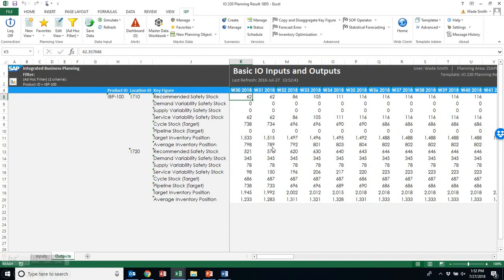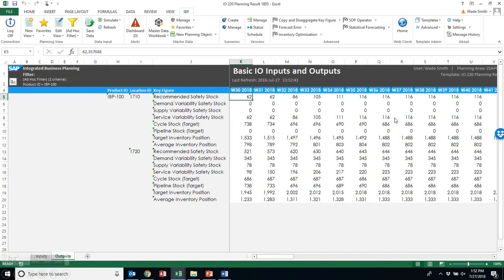warehouse, so to speak. First, you'll notice that the recommended safety stock takes a little bit of time to ramp up, but about 6 weeks in, it flattens out. 646 at the warehouse, 116 at the manufacturing site. IO will break down that safety stock into demand, supply, and service variability. So you can see at the production site, there's no demand or supply variability.